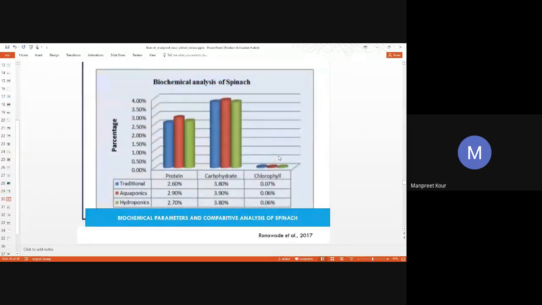Scientists have given some results. Less work has been noticed in vertical farming, but whatever work there is has shown that these crops are better in chlorophyll, carbohydrate, and protein content than the conventional method of sowing. So we say hydroponics is preferable to the other systems.